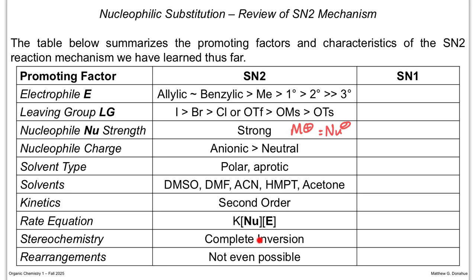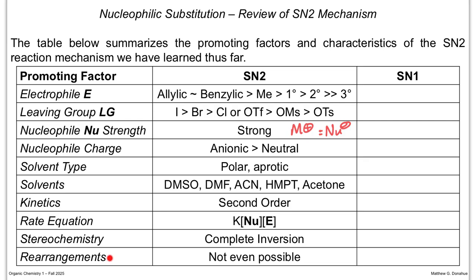But remember, I'm still harping on you have to use the CIP rules to determine R and S. The bond wedge dash, that's sort of straightforward in a sense. But based on what your nucleophile is relative to the priority of the electrophile, you still have to apply the CIP rules.